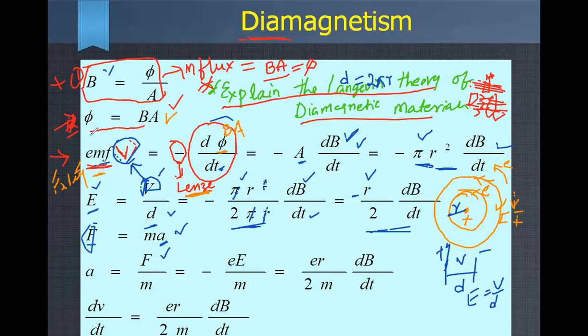Then we got the flux. Then we got the EMF, which is minus d phi by dt, where A doesn't change, A comes out, and we have dB by dt. Here A is pi r square because the electron is revolving on a circular path. But here E is equal to V by d, so you substitute the V value here. d is equal to 2 pi r.